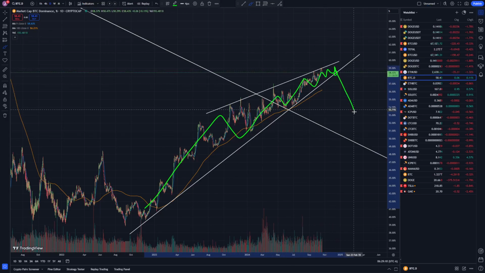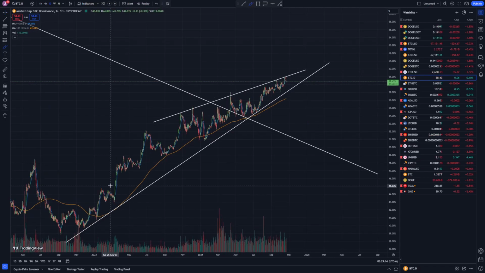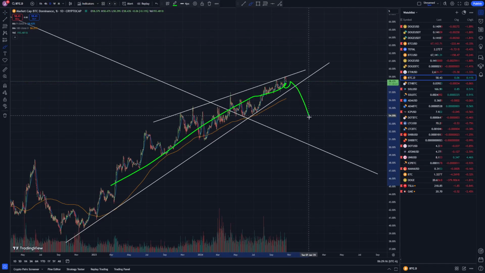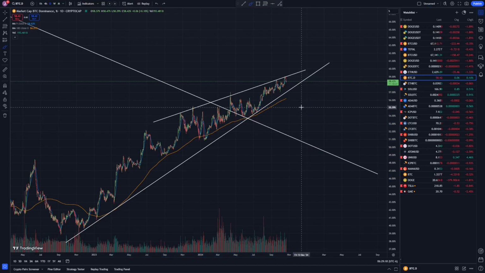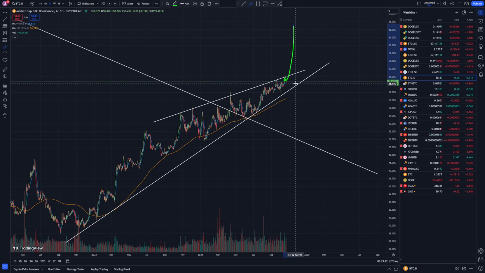When this goes to the downside, that pattern is a bearish pattern. When we're going up, it's usually going to break to the downside. It's not guaranteed though, but that's why we watch the trend lines, because we wait for it to break up or we wait for it to break down. So back to the pattern.